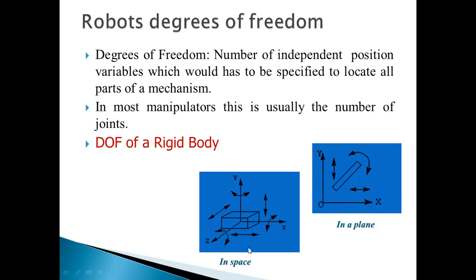So the degree of freedom of a body in space is a maximum of 6, right? Or if you consider clockwise and anti-clockwise, positive and negative, it would be 12.